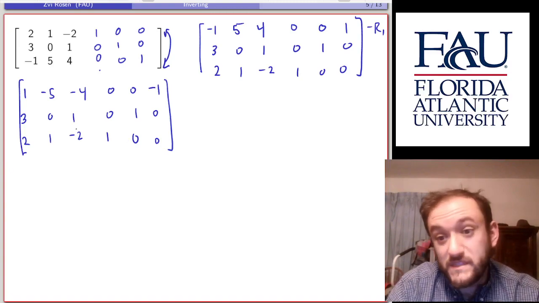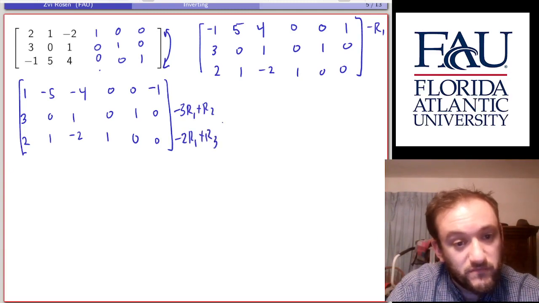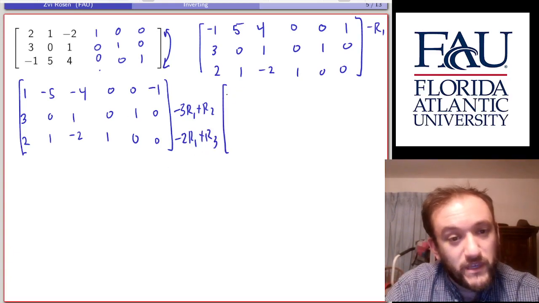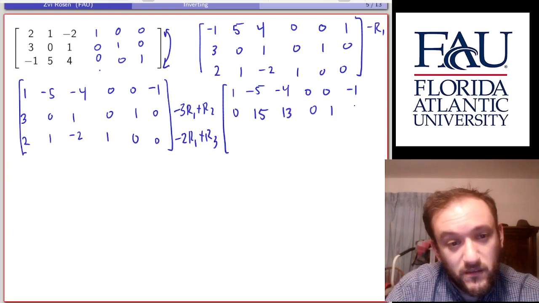What's up next? Well, we need to cancel out the entries below the leading 1, so we get minus 3 row 1 plus row 2, minus 2 row 1 plus row 3. This should look familiar. It's the same step we did before. And we get 1, -5, -4, 0, 0, -1, then 0, 15, 13, 0, 1, 3.